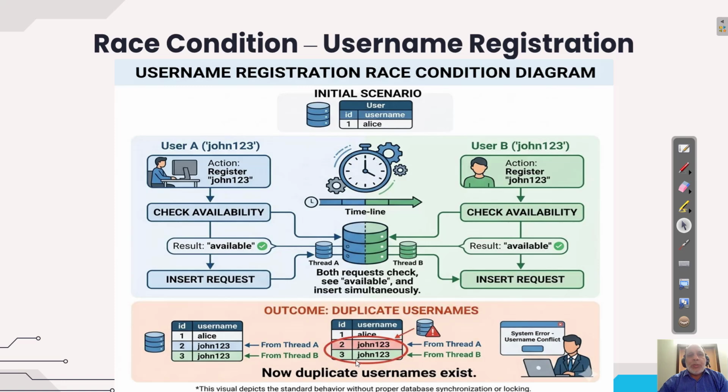So in this case the duplicate username exists. This is also a race condition problem, so we need to fix these types of problems. If one user inserts the request, it should not be available to user B. So we will see how we will fix these problems in the database.